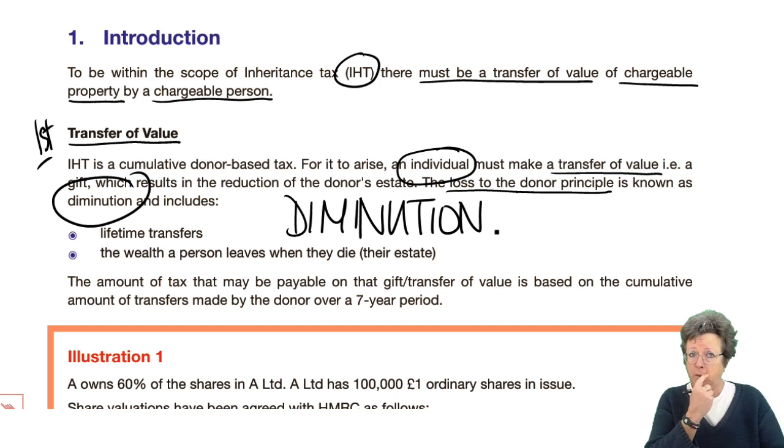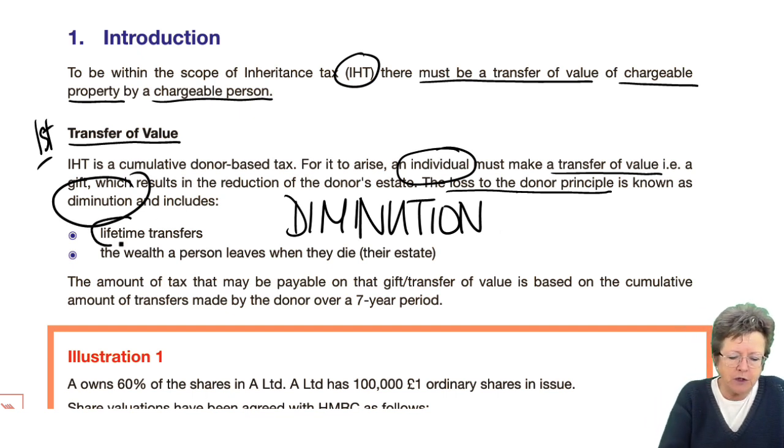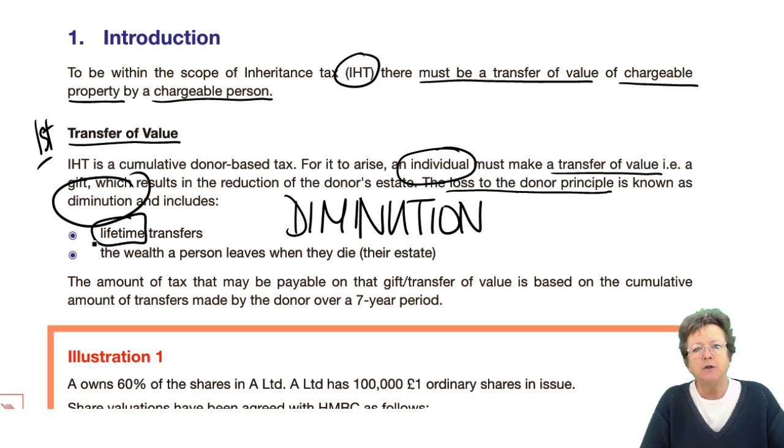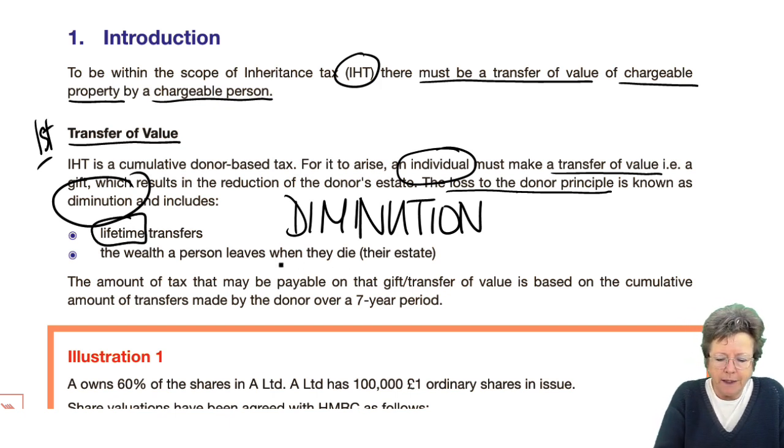Please spell it correctly. It's the loss to the donor principle. In other words, it's what I have lost as a result, not what I gave away, but what I lost. Now this includes lifetime transfers, so I can give things away during my lifetime, or what I leave when I die in my estate.